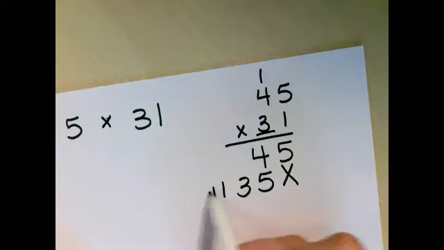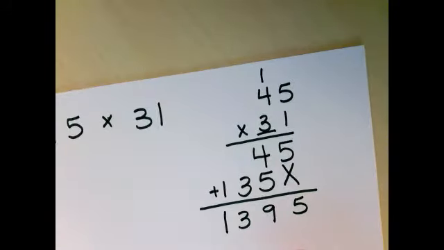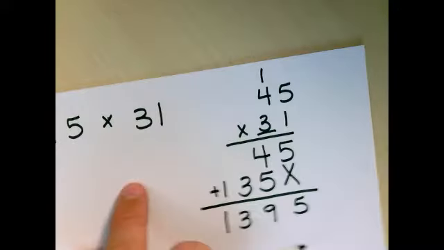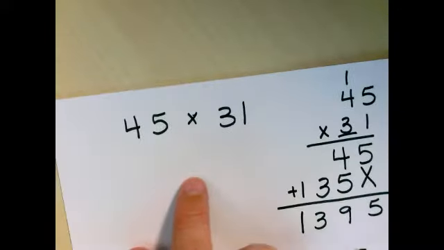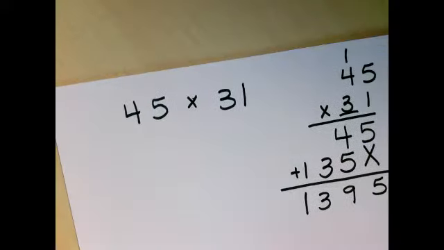So this is kind of the old-fashioned or the standard algorithm that many of us learned growing up, and we've passed this on to our students. But we really want to focus on showing them how to model some of these problems. So we're building on that basis of place value.